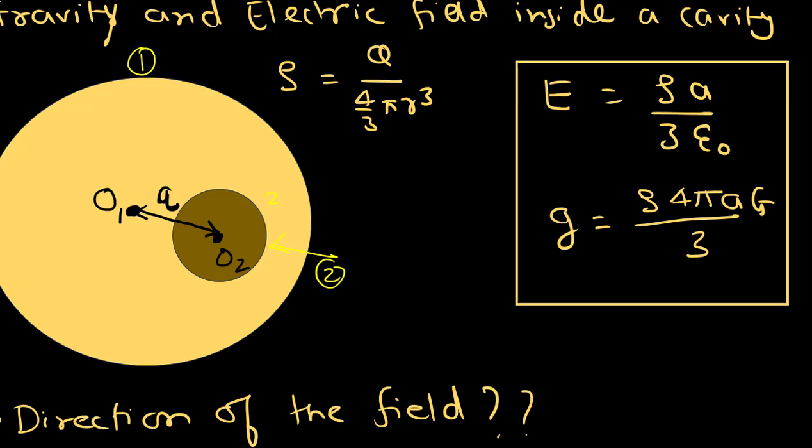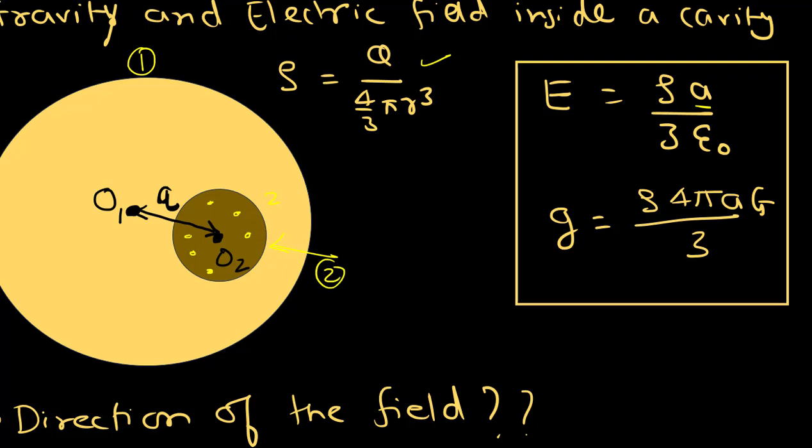Rho is the charge or the mass density. Please note that a is the distance between the centers. The most important point to note is that this electric field inside this cavity is constant. As you can see, rho is a constant, a is fixed, and so are 3 and epsilon naught. So everywhere inside this cavity, at any particular point, the electric field will be constant.